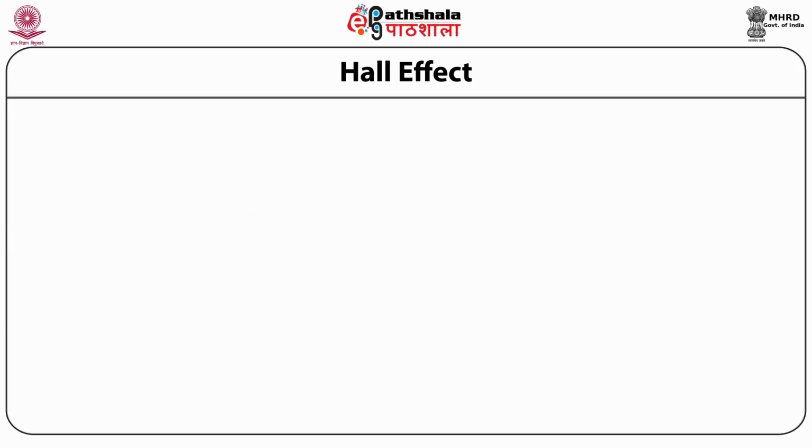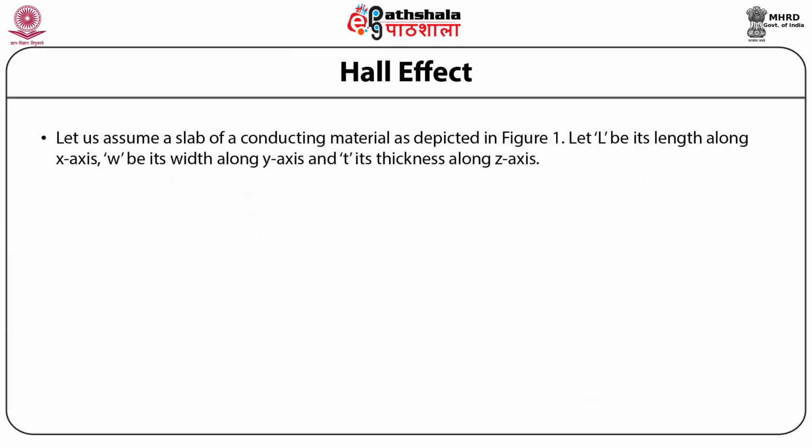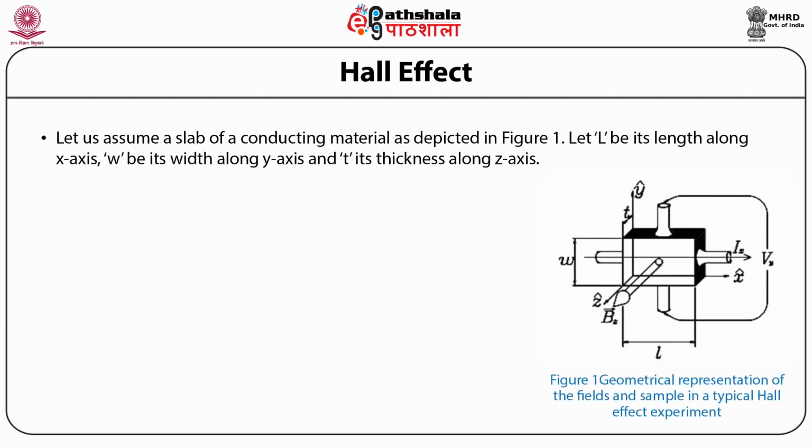Hall effect. Let us assume a slab of a conducting material as depicted in figure 1. Let L be its length along x-axis, W be its width along y-axis, and T its thickness along z-axis.